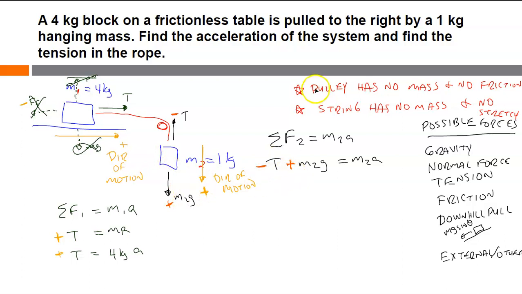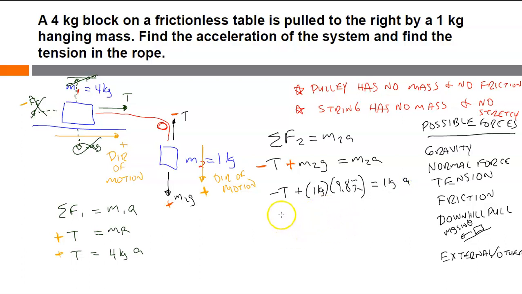All right, let's see what we know about this thing. I'm going to go back to black because I think it's a little bit easier to see. I don't know what T is, so I have negative T. Plus M2, oh yeah, that's 1 kilogram. G is 9.8 meters per second squared. M2, that's 1 kilogram. A, I don't know what A is.